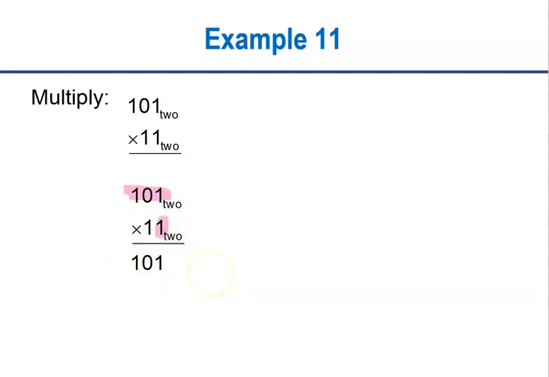Then we move over and we multiply 10, or we could scoot over like you do in the traditional method of multiplying. You scoot over and you have 1 times, right here, this 1 times 1 is 1, 1 times 0 is 0, and 1 times 1 is this 1 right down here.